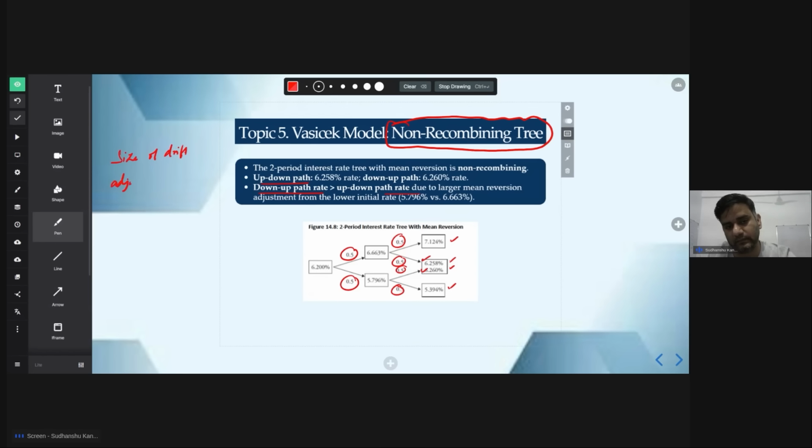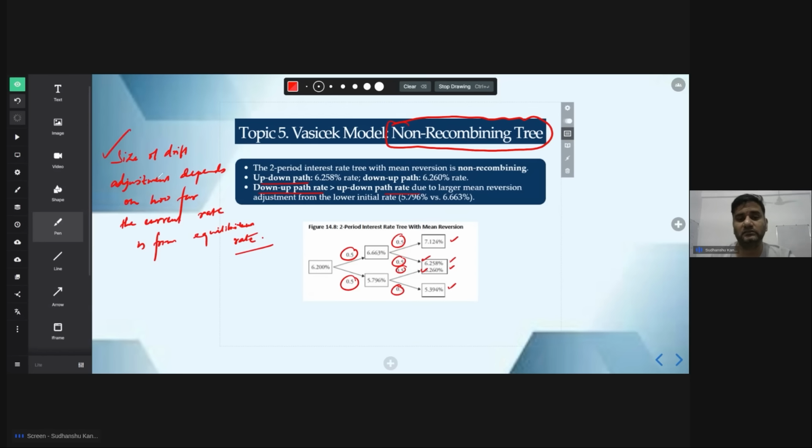depends on how far the current rate is from the equilibrium rate, right?